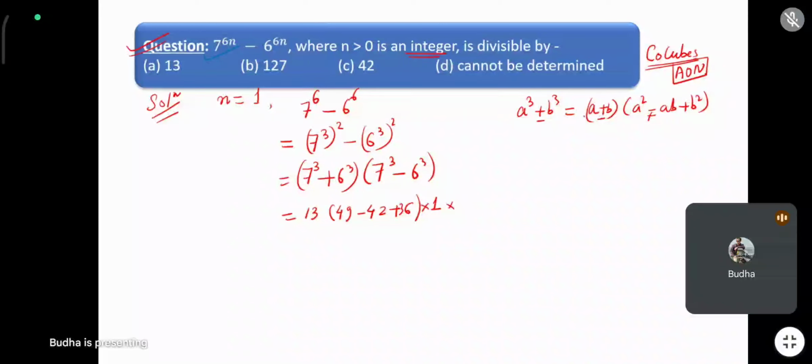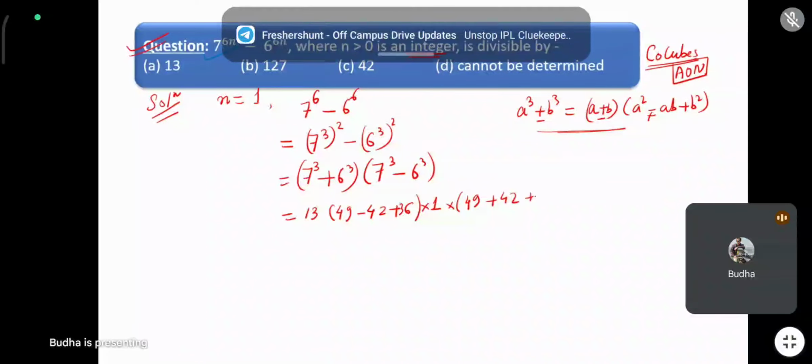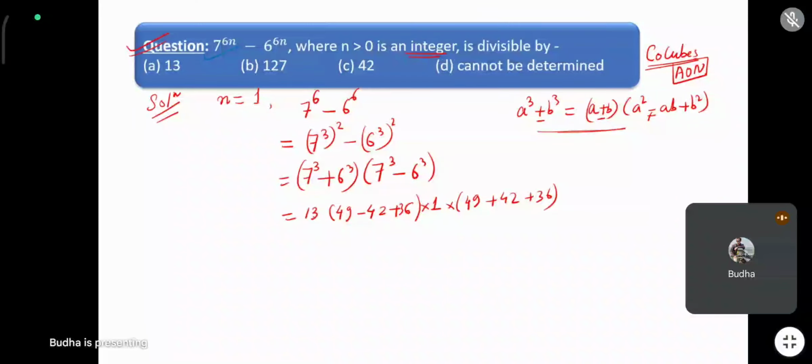I'm using the same formula that I have mentioned on the right hand side. Then the other one, 49 plus 42 plus 36. So it is 13 into. Can anyone tell me how much will it be? 49 minus 42?